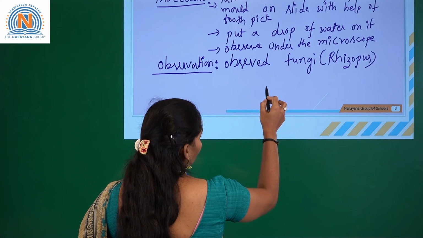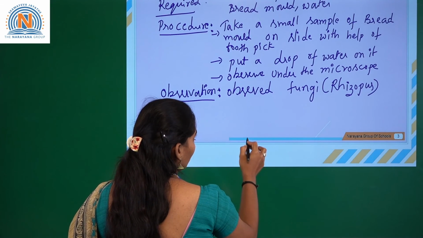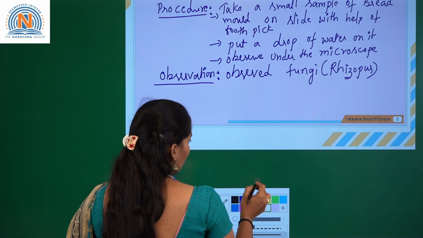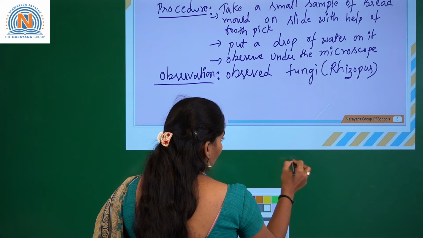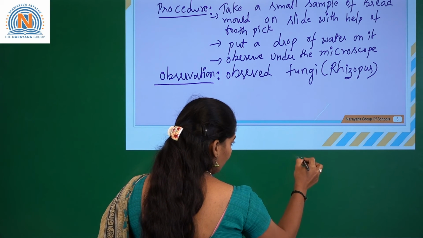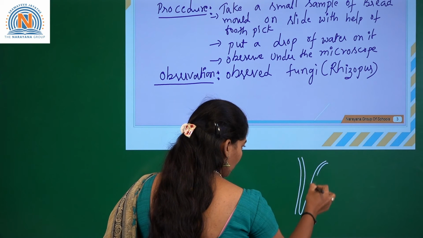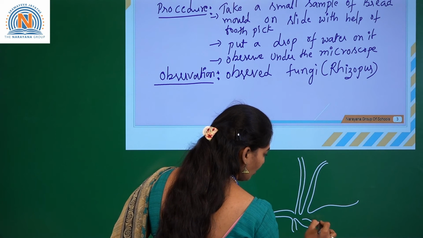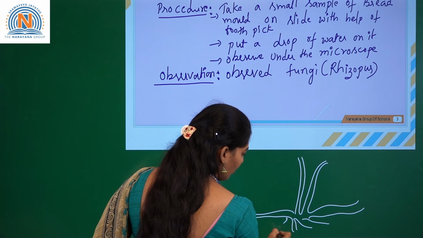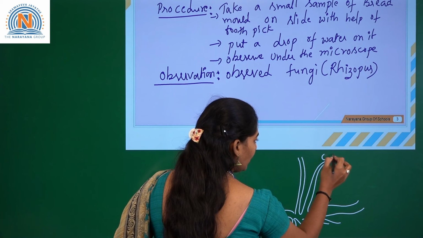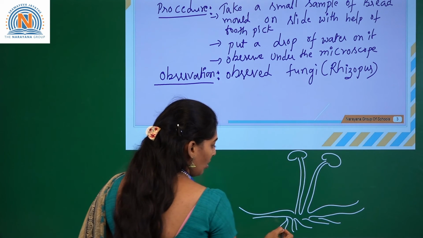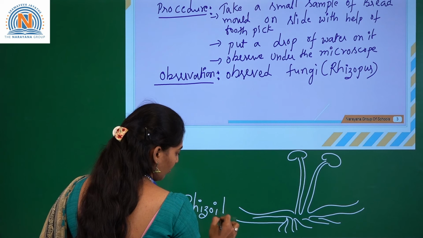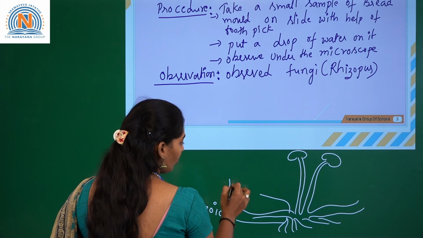The fungus consists of hyphae, so it consists of root-like structures. These are called rhizoids, and the spreading area is called hyphae.